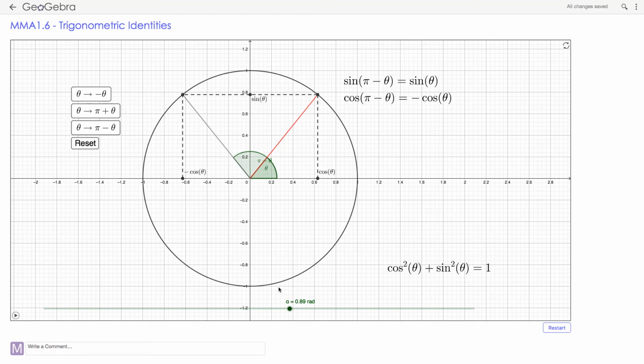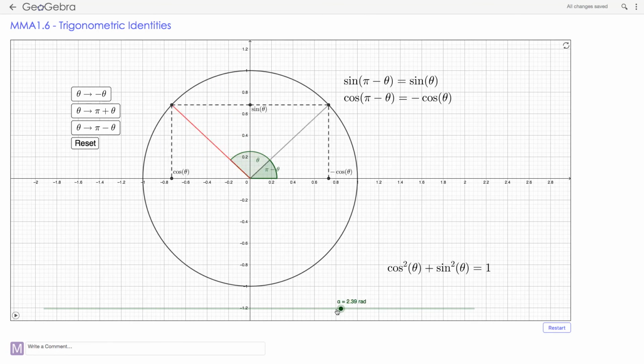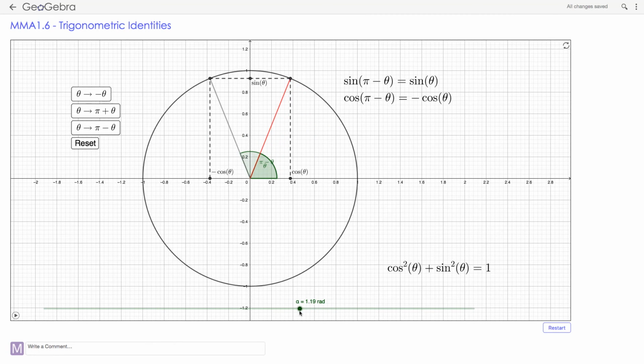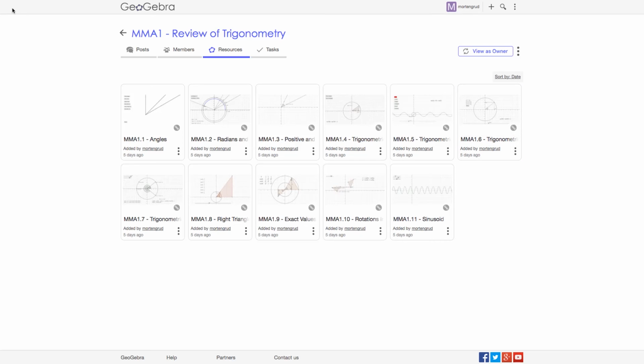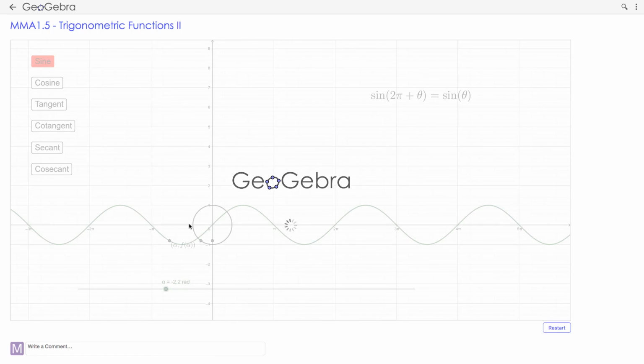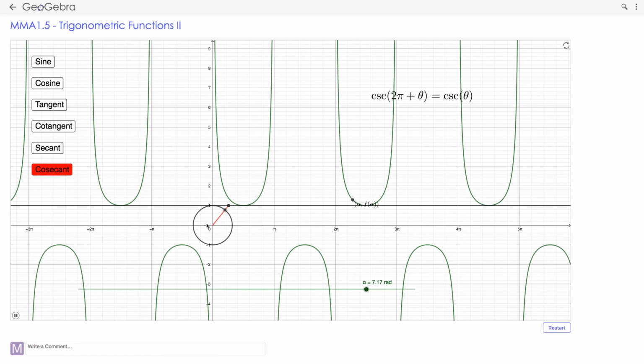Another thing is that everything is just nice here. Imagine that the function had to go through 360 before anything repeated itself. It would have been much different. It would have been a very slow function.